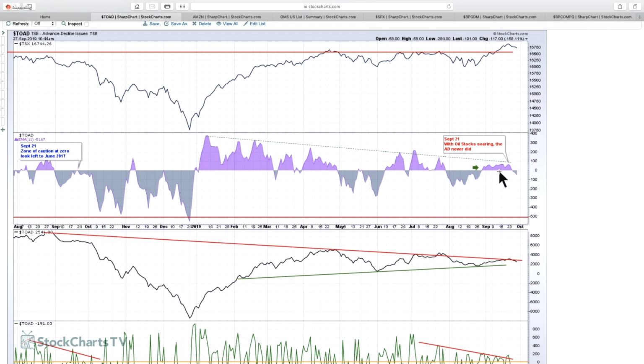Canada has a whole bunch of oil companies, I think 270 or something, so a big number of companies, and they all surged. While they were surging, nothing else did. The concern I have is that this hid the actual value of how much progress we were making, because the oil stocks were covering up the advanced decline line, but it still made a significantly lower high.